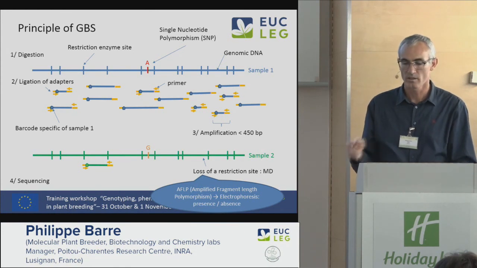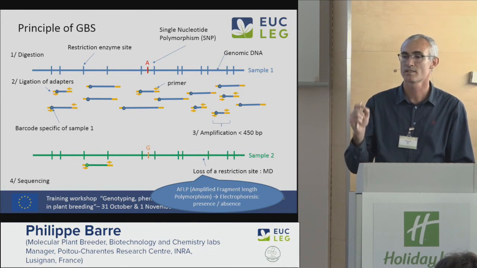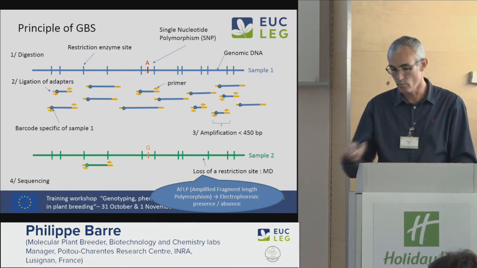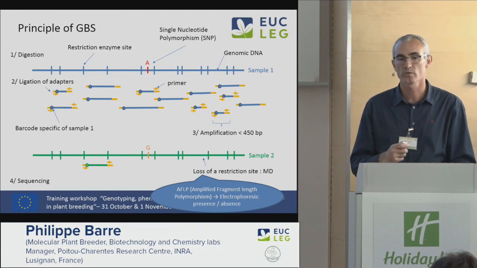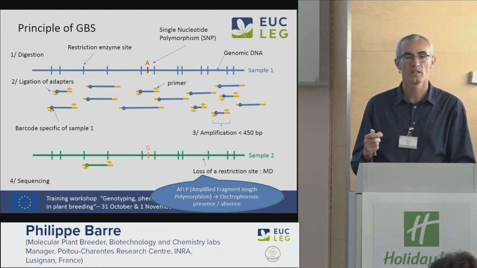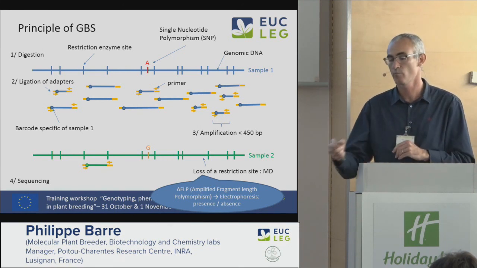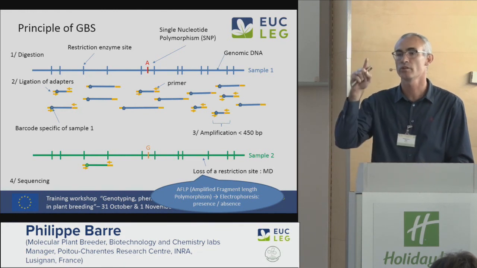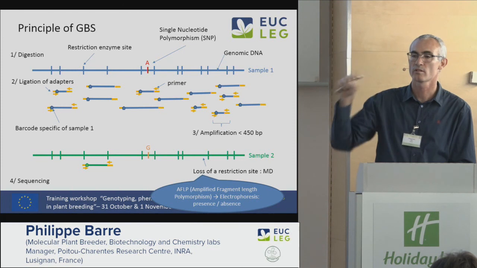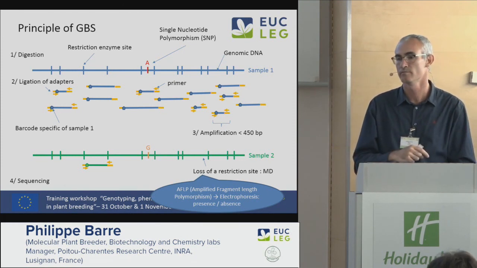And so this barcode will be specific to each sample. So you have a blue barcode here and a green barcode. And this is important because with that, even if I mix sample 1 with sample 2, I will be able to recognize sample 1 and sample 2 thanks to the barcode.